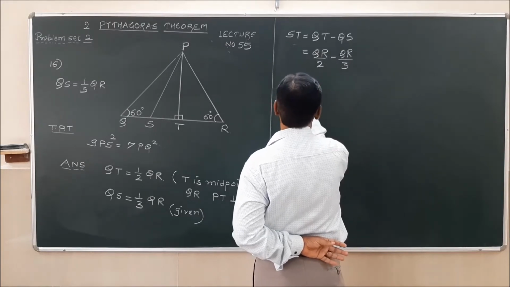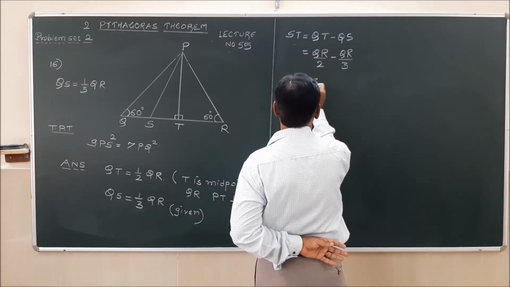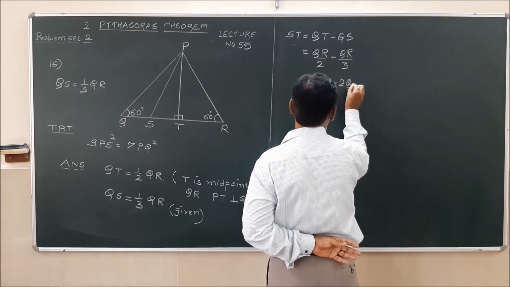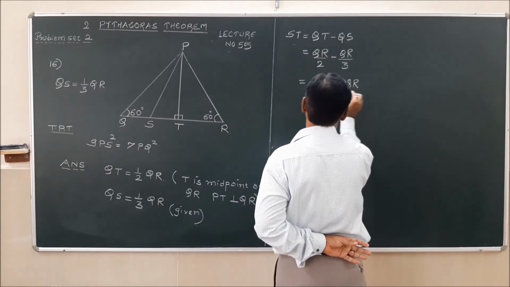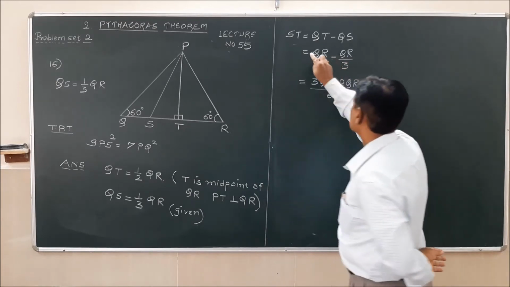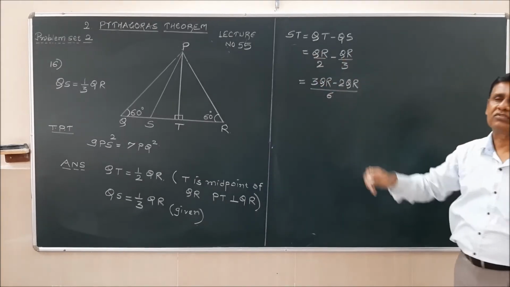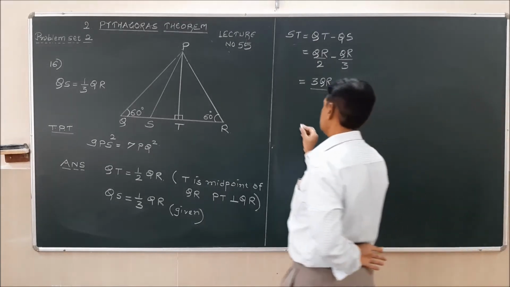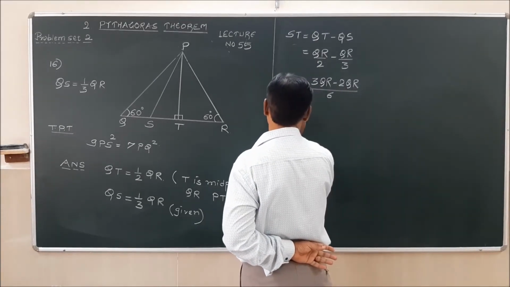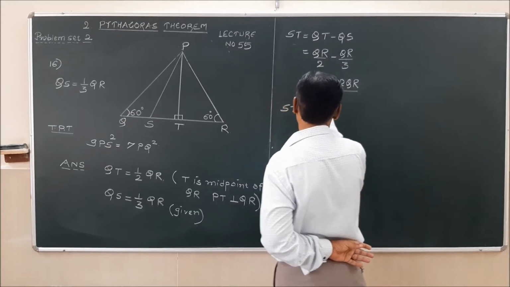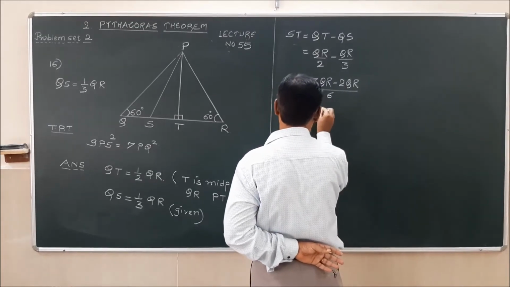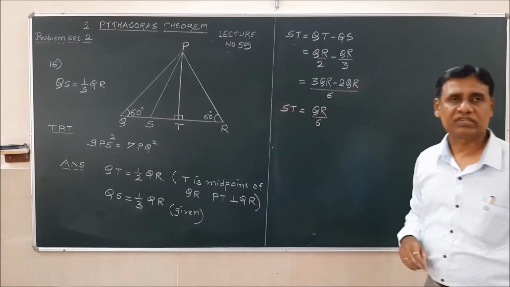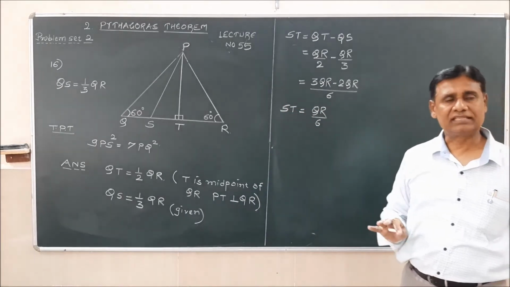That is equal to 3QR minus 2QR upon 6. Cross multiplication. So ST is equal to 3 minus 2, which is QR upon 6. Is that clear? QR upon 6.